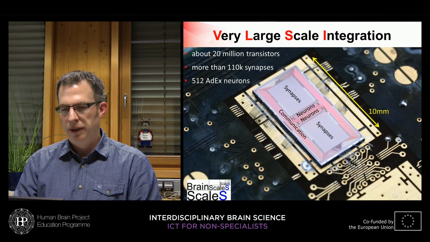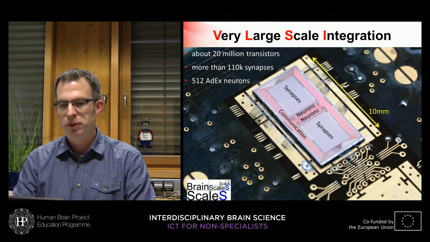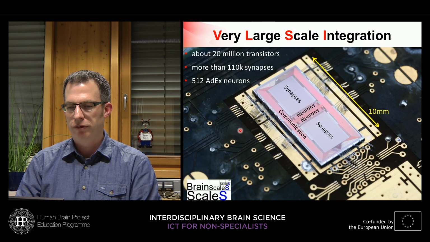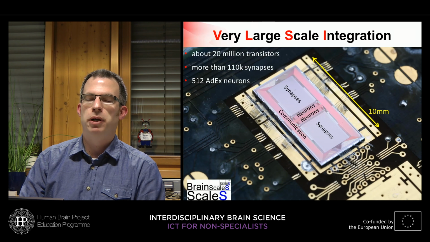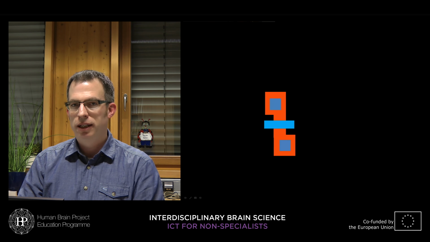In the neuromorphic computing sub-project, we are building large systems out of these chips that I've introduced to you here. And I will now give you an impression about the size ratios between one transistor and the complete system. So we will start at one transistor.